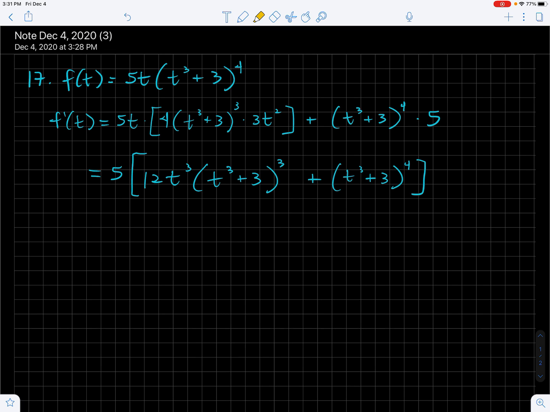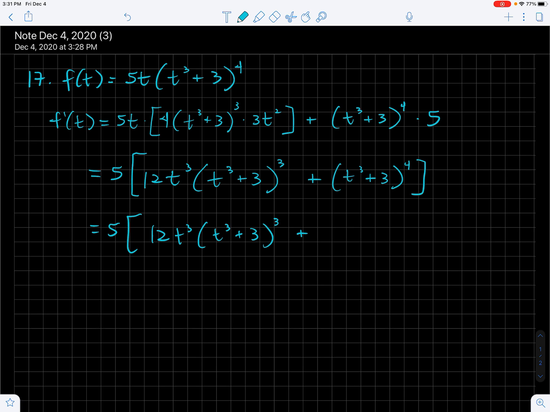And the greatest common factor of the two products would be (t cubed plus 3) raised to the 3rd power, right? Since this is to the 4th, you could always think, here, I'll just write it out. So 12t cubed times (t cubed plus 3) cubed.